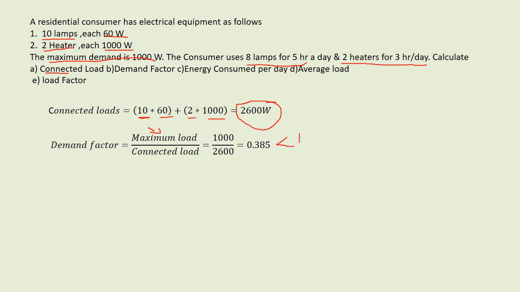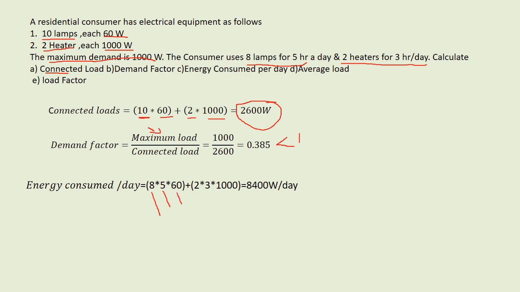Okay, so next is your energy consumed per day. Here we will be discussing energy consumption per day. The schedule of the consumer is that he uses 8 lamps for 5 hours, and each lamp has a rating of 60 watt.